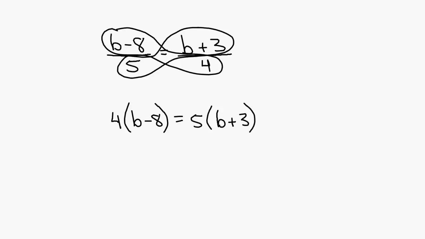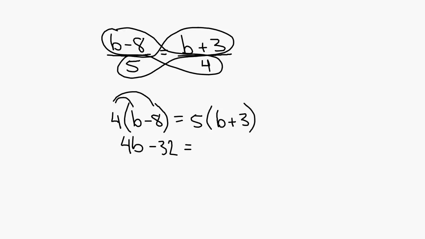Alright, so now you've got variables on both sides and distributive property on both sides. So the 4 times the b is 4b, and the 4 times the negative 8 is negative 32.